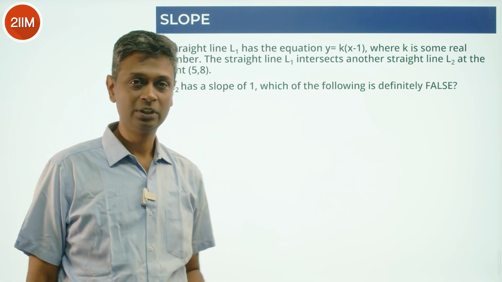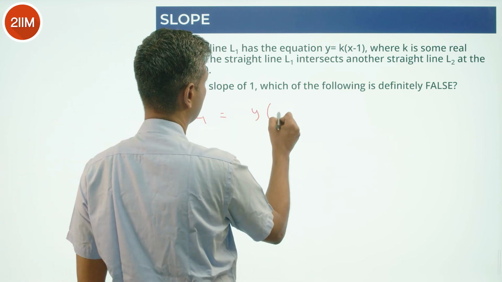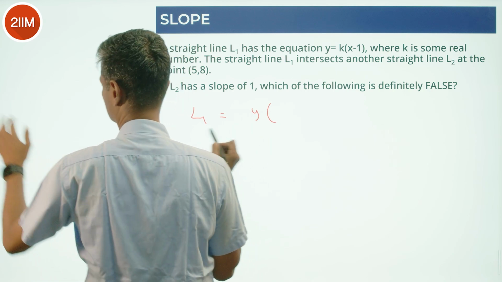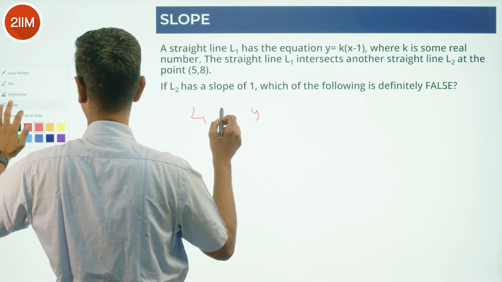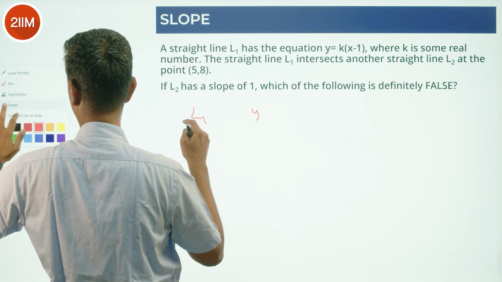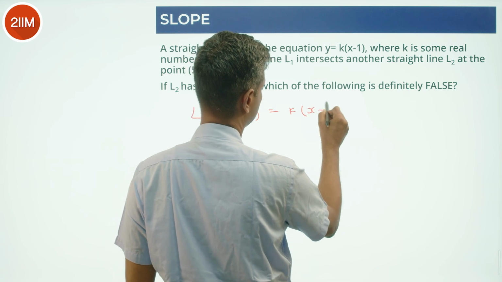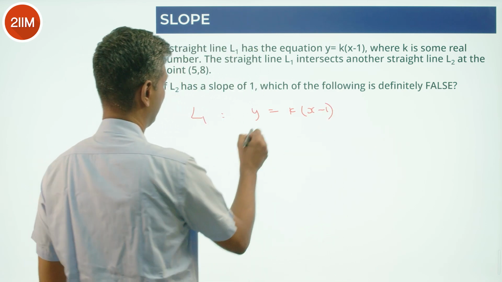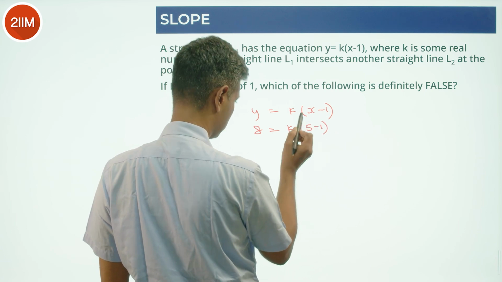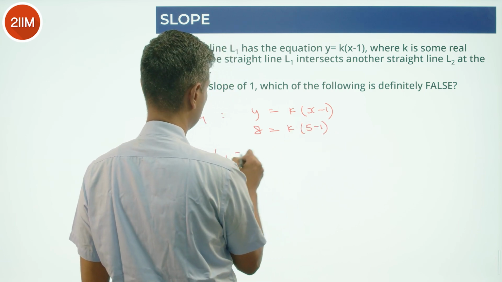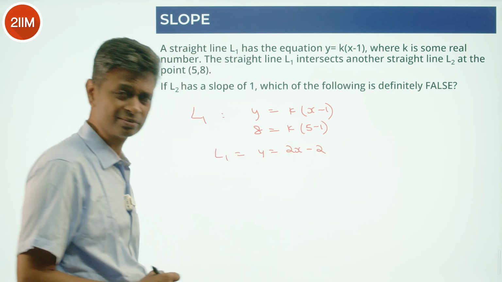First thing we can do is find L1 and L2. L1 is y equals k times x minus 1. It satisfies 5, 8. 8 equals k times 5 minus 1. K is 2, so L1 is y equals 2x minus 2. Nice.